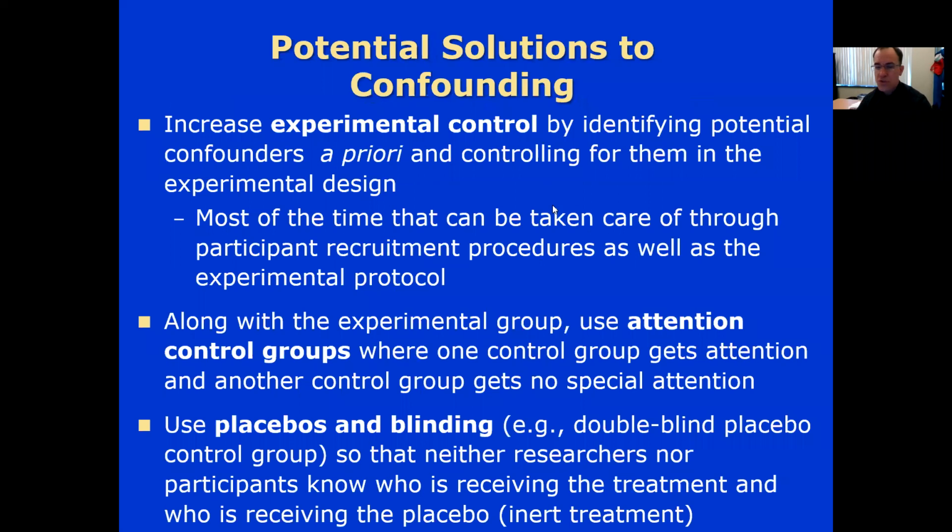There are some potential solutions to confounding. First, increase experimental control by identifying potential confounders a priori, or before the study begins, and then controlling for them in the experimental design. Most of the time that can be taken care of through participant recruitment procedures as well as the experimental protocol.